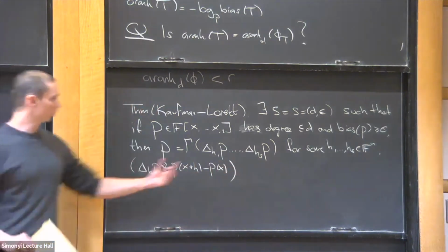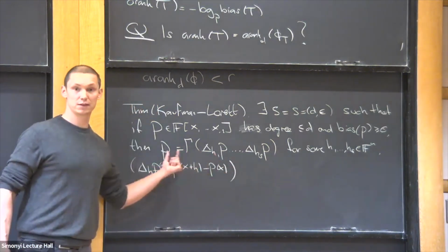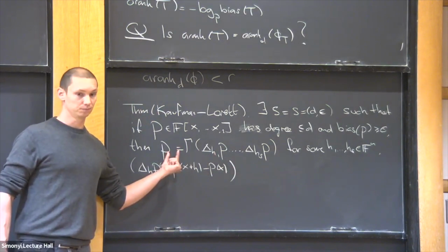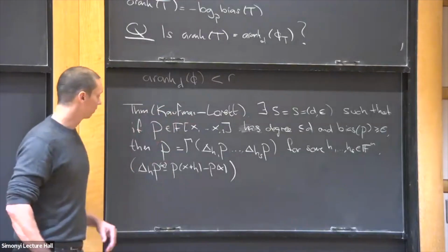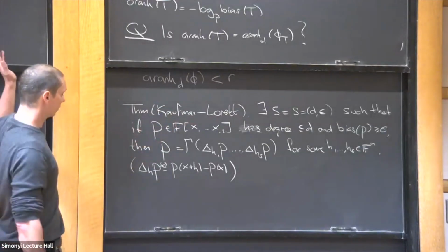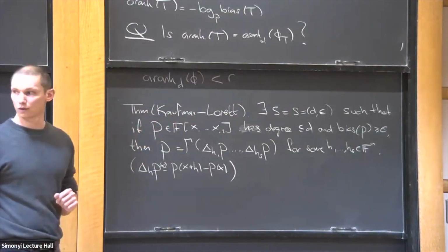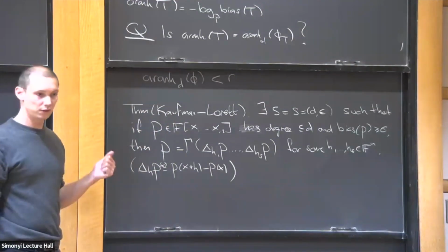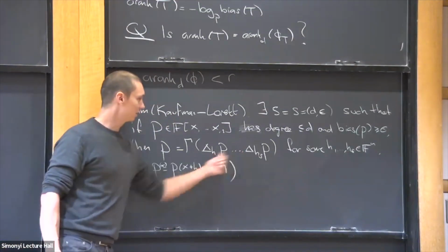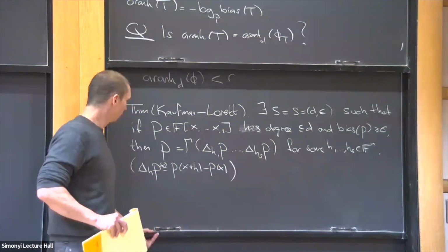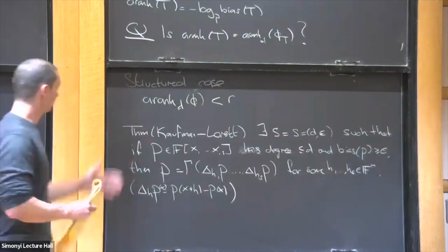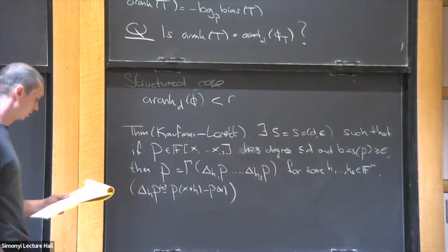In particular, these multiplicative derivatives have degree strictly less than the degree of P. Okay. So this shows that large bias implies low rank in the sense of Green and Tao, but the polynomials you need are also somewhat explicitly given in terms of P. And this turns out to be quite useful in the structured case here.